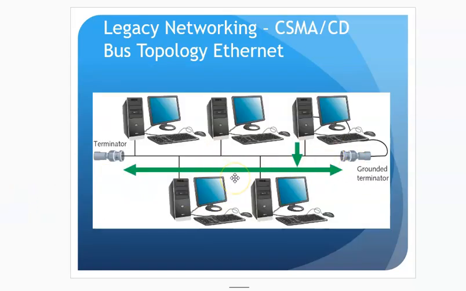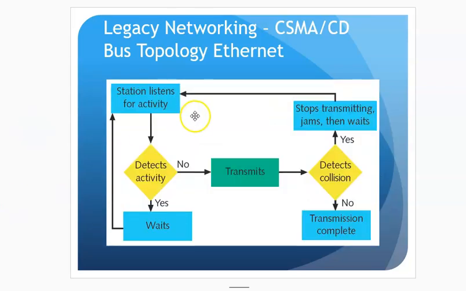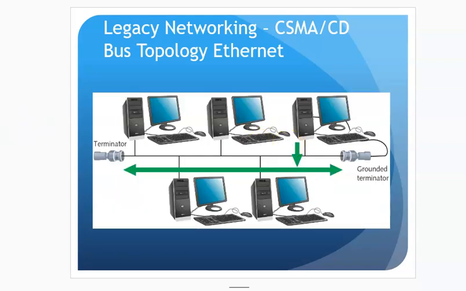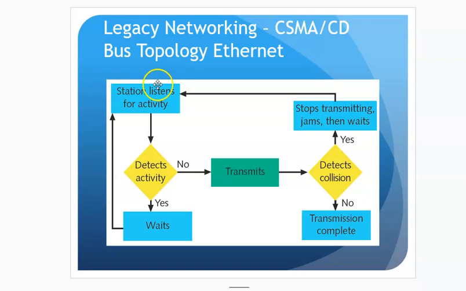In these days, when your computer wanted to send traffic, it would go to everybody on the network. The way that actually occurred was through CSMA/CD, Carrier Sense Multiple Access with Collision Detect. Since there were no networking devices to control traffic, your computer would listen for any activity on the network.